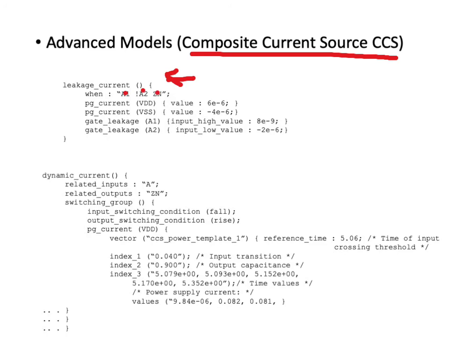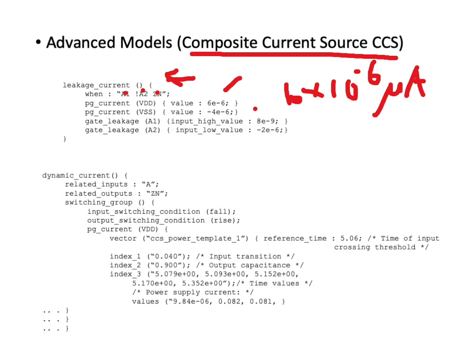This is the condition of the two input gates, and the leakage current coming from the VDD is given as 6 times 10 to the power of minus 6 microamps. Remember the units. And the current leakage associated with VSS is 4 times 10 to the power minus 6 microamps. So this is actually 4 picoamps.